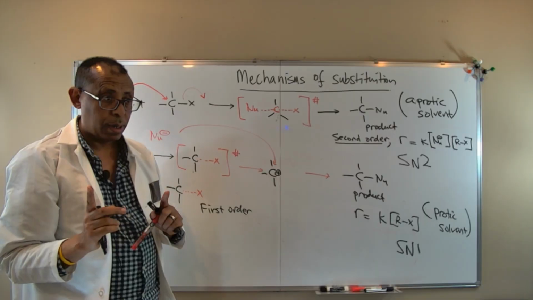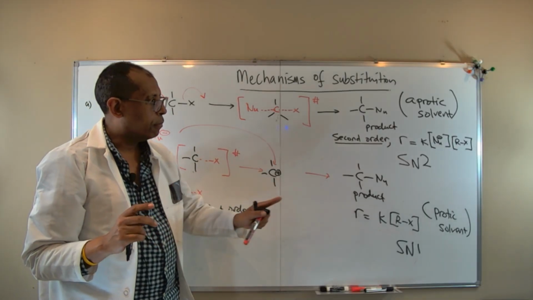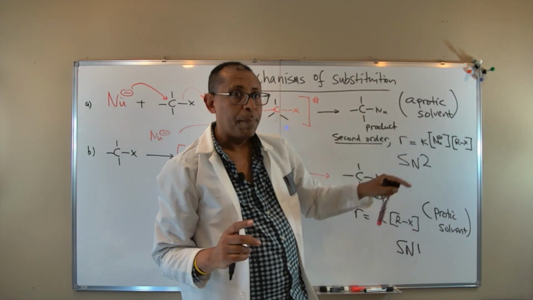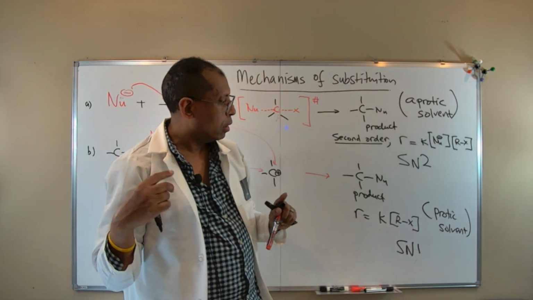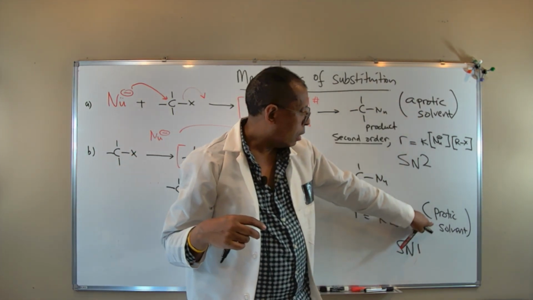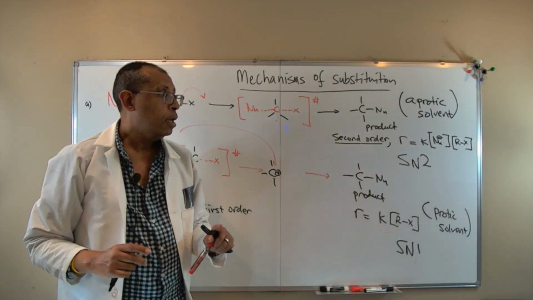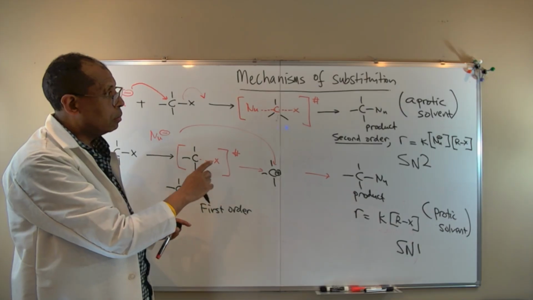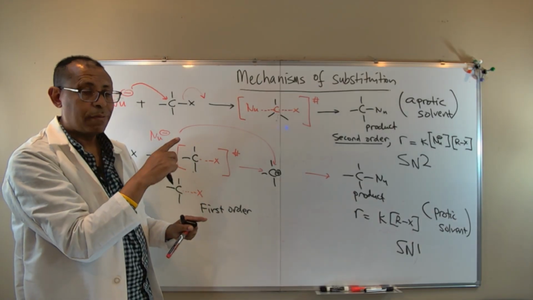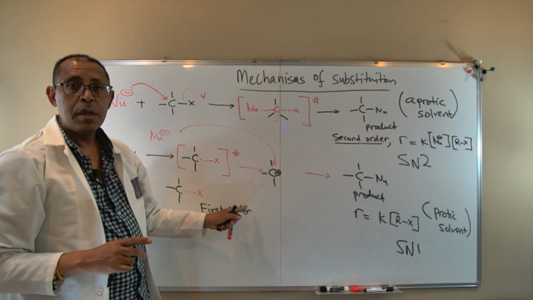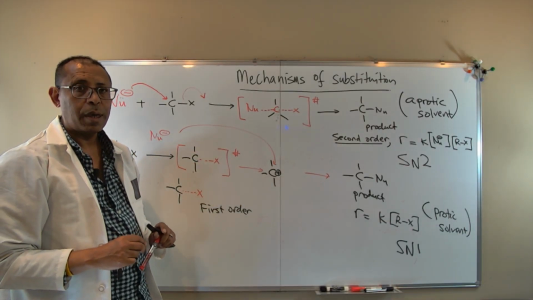In general, for the SN2 mechanism you always have aprotic solvents, which I gave you in the earlier section, and protic solvents are good for SN1 reactions. With this, I will continue discussing specific examples and energy diagrams of these two reaction mechanisms.